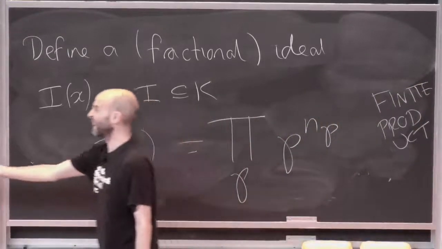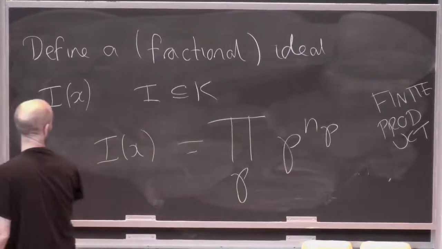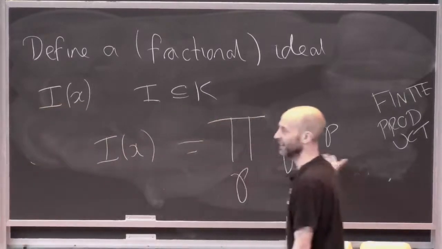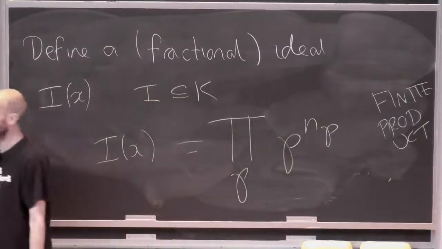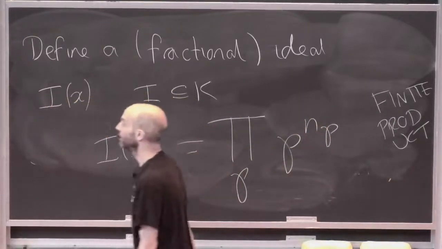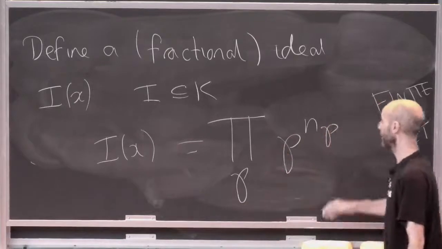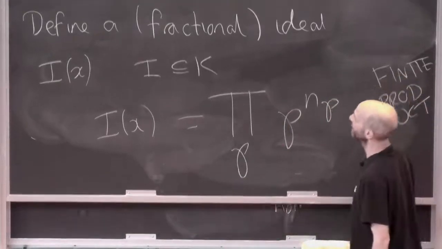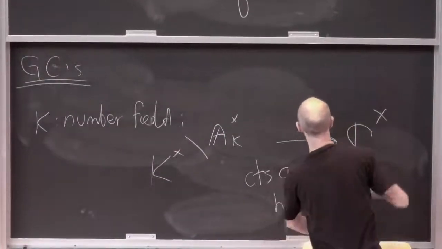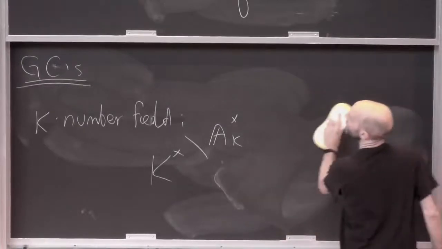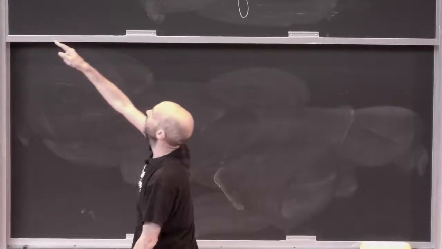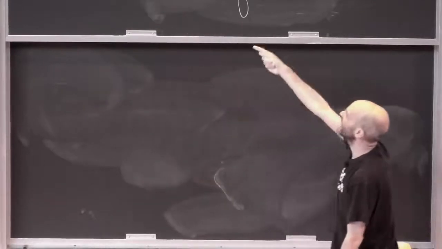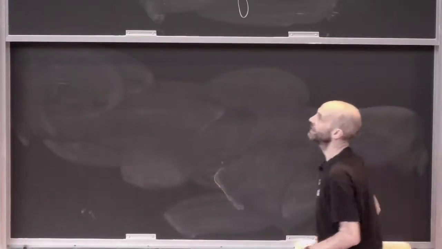If the n_p are less than 0, I suppose that, strictly speaking, could happen, then it's a fractional ideal. But if you don't know anything about fractional ideals, just pretend all the non-zero n_p are positive. Then this is just an ideal, right? So given a finite idel, there's a really easy way of constructing an ideal.